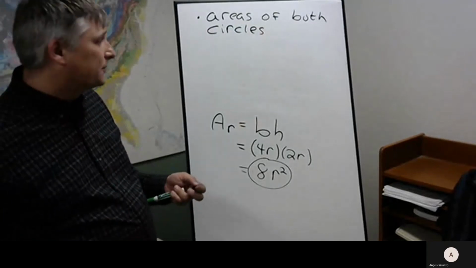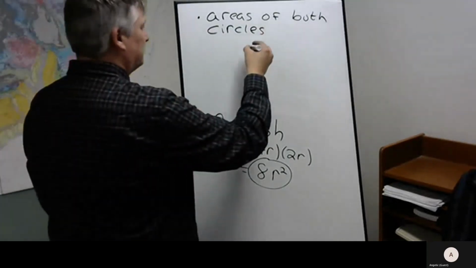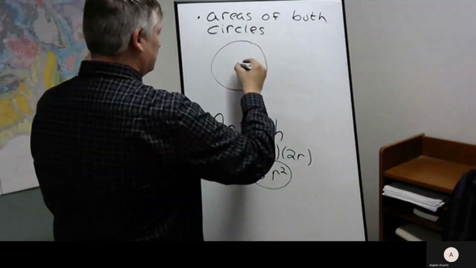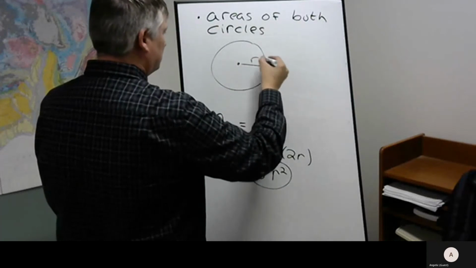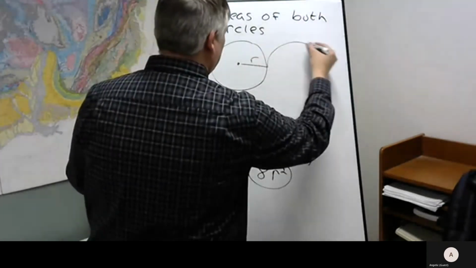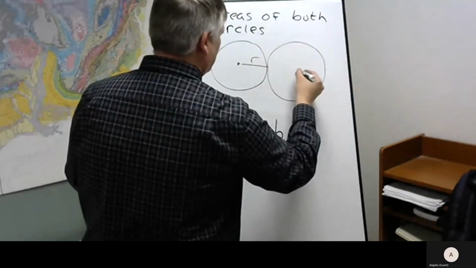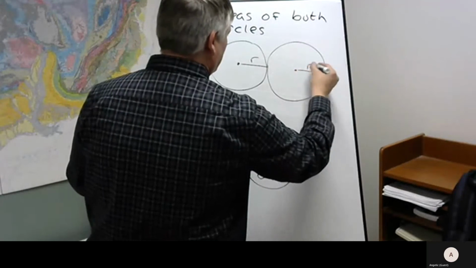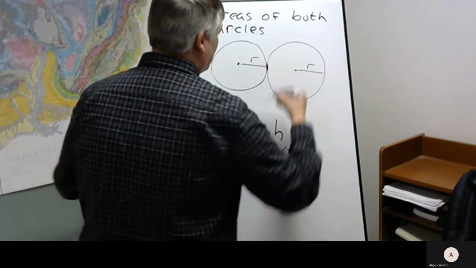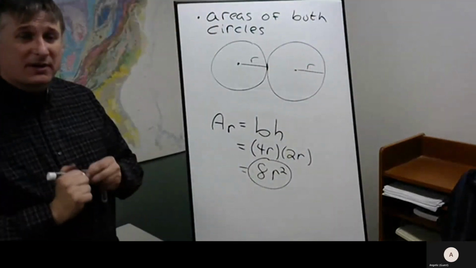So to find the areas of both circles, each circle has a radius r, the same radius.